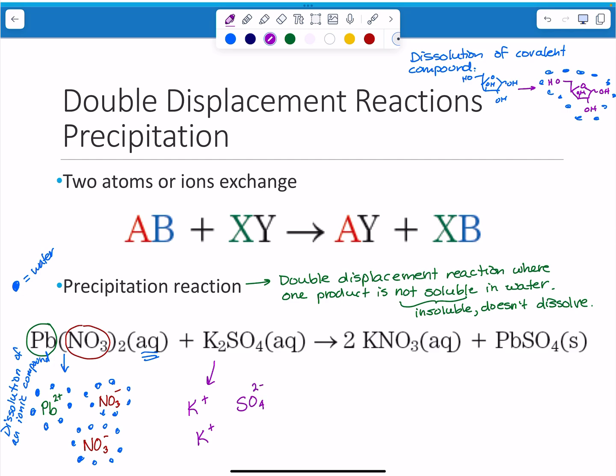All right, and again, we're going to swap partners, and the sulfate is going to combine with the lead, okay, and then the potassium will combine with the nitrate.